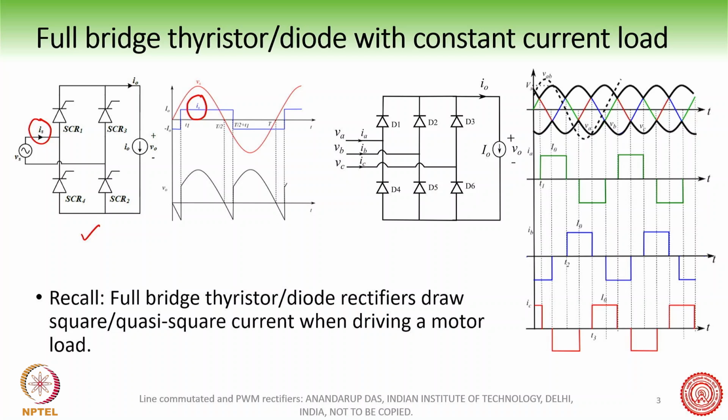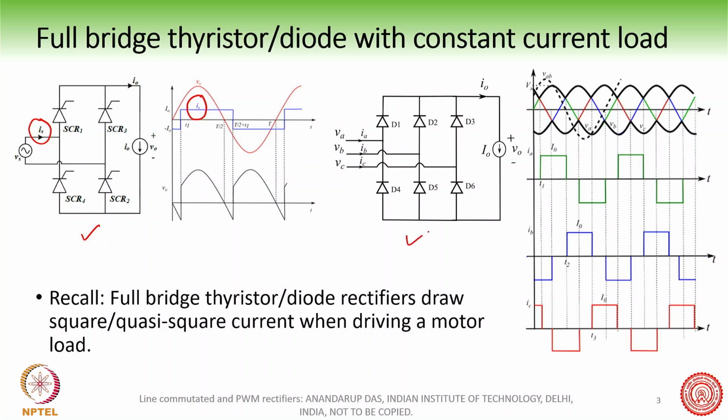The single phase thyristor rectifiers are very good at varying the output voltage, so if we feed a DC motor, we can change its speed. But one of the problems is that this source current is absolutely non-sinusoidal. It is a square wave current.